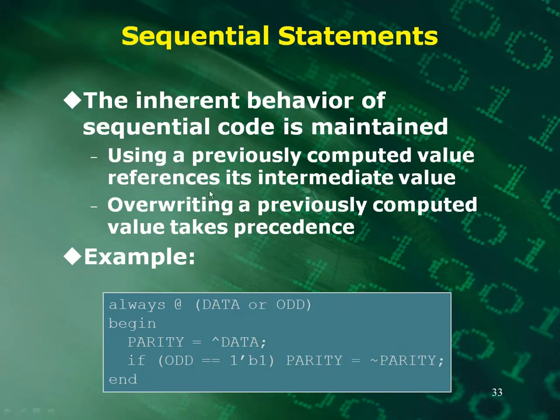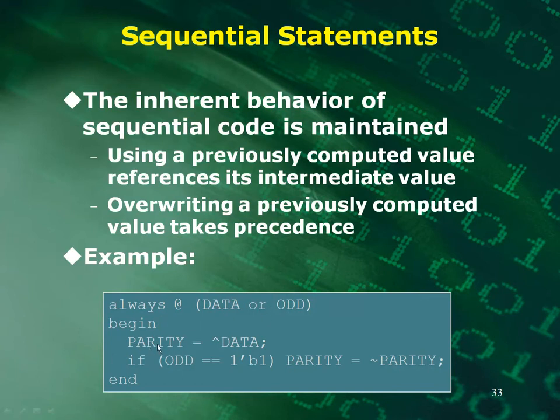Sequential statements. The inherent behavior of sequential code is maintained. Using a previously computed value references its intermediate value. I'm going to show you that in just a second. Overriding a previously computed value takes precedence. So here we have an example. We've written an always block, and whenever these two items change, it's going to go through the always block.